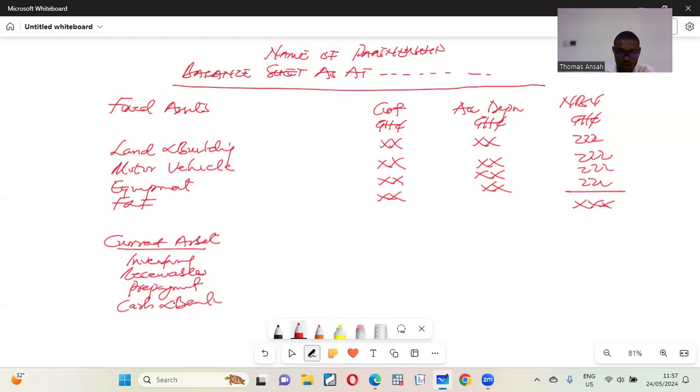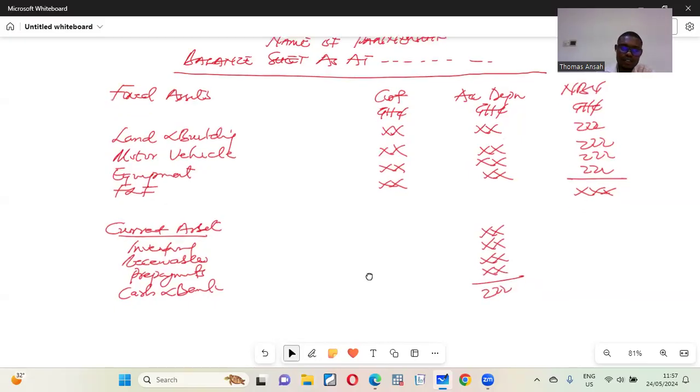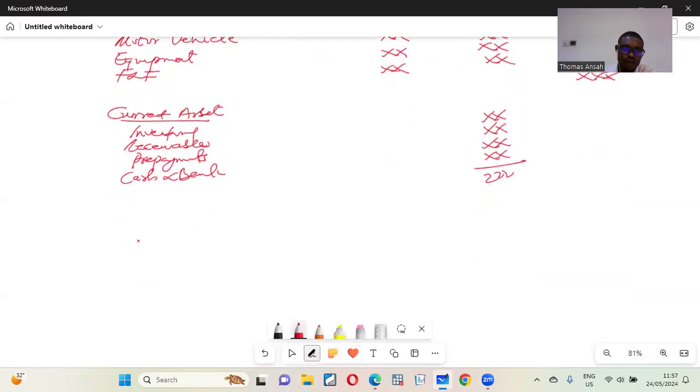All right, so if you have those ones, you sum them together, you get your total current assets. Now when you get your total current assets, you now need to less what? Current liabilities. That is it. So let's less our current liabilities.